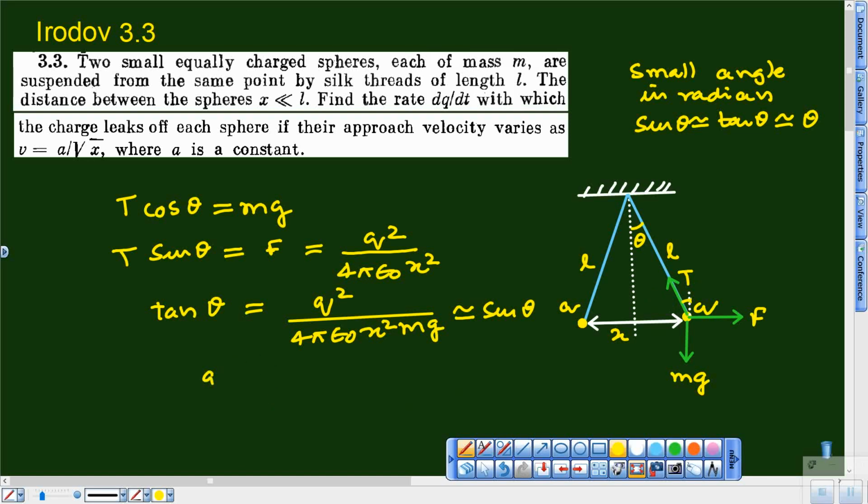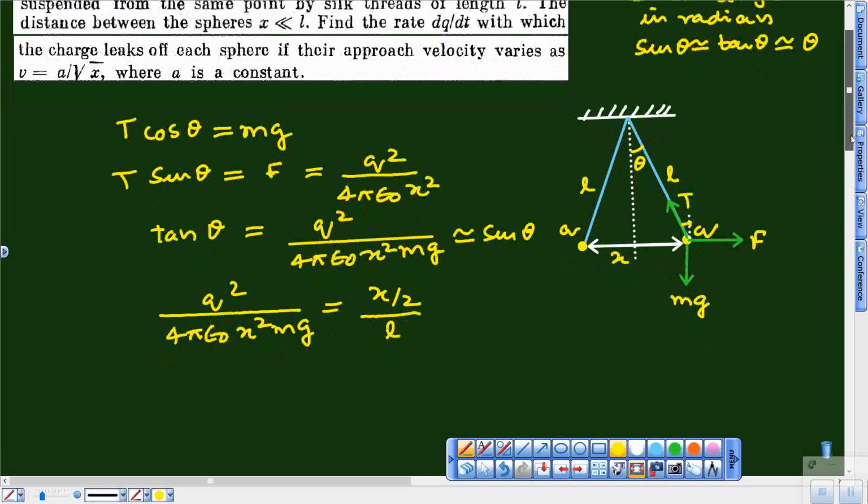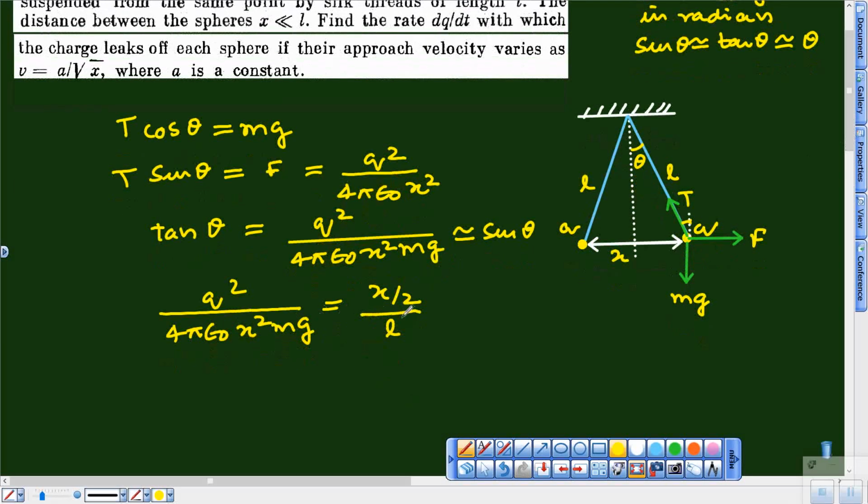So I get to see that Q square upon 4 pi epsilon naught x square mg is going to be equal to sin theta, which is x by 2 upon L, and thus I can comfortably get the expression for charge in terms of the distance between the charges, that is x.